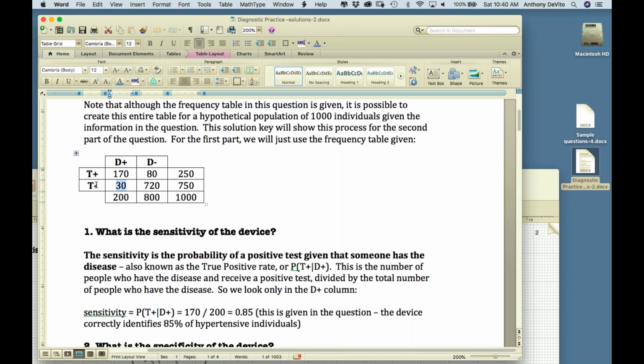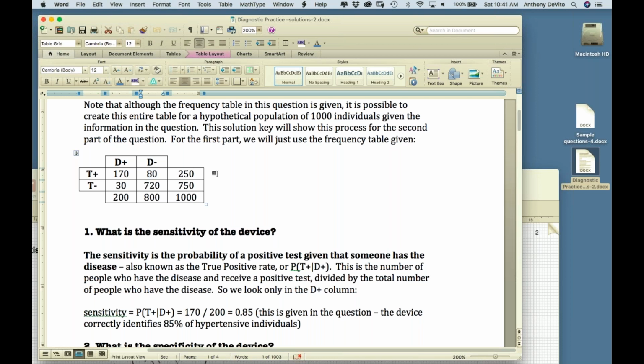The test was negative and it said you had the disease, so it's a negative test, so it's a false negative. These guys over here tested positive, but they don't have the disease, so that's a false positive. You wouldn't call this a false negative because the test was positive. So it can't be a false negative. It's got to be a false positive.